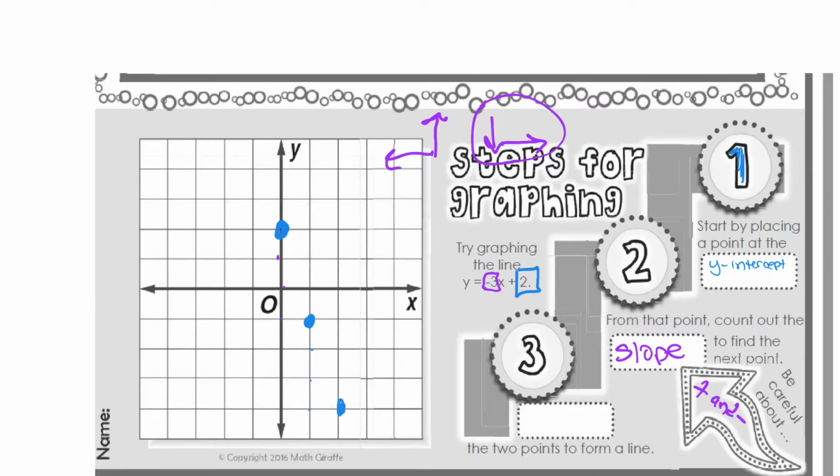And on this side, we can go up 1, 2, 3, and over 1. Then we're going to use those points to connect our line. And we're going to draw our arrows because the line goes on forever.